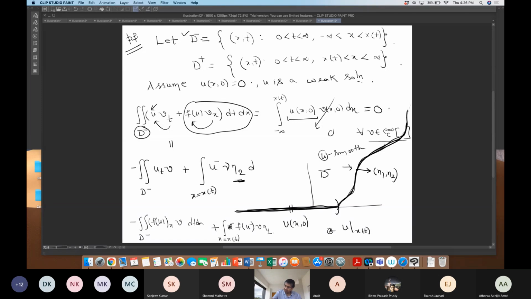This is the surface measure, the measure of this curve, ds. You understand this part? Everyone understands, I throw the derivative, right?